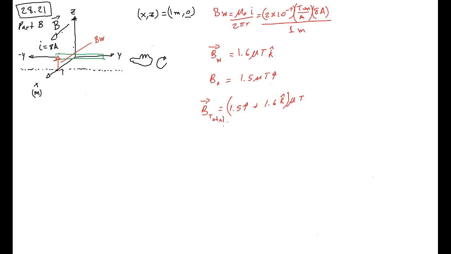2.19. So the other format is 2.19 microteslas. And then you have to give an angle. Now, you've got a vector going this way and a vector going this way. So the net vector is going to be oriented, I don't know, okay, this one's a little bit bigger than this one, but not much. So drawing to scale.